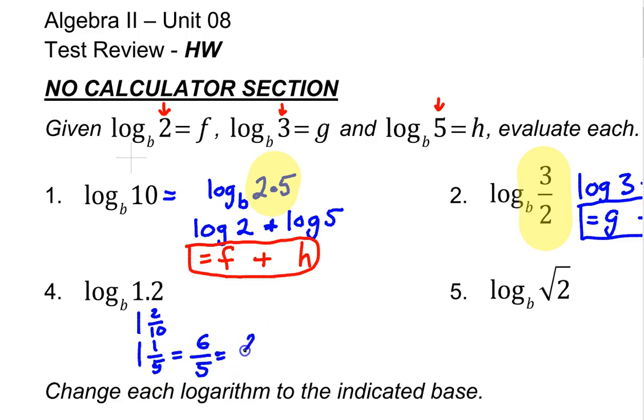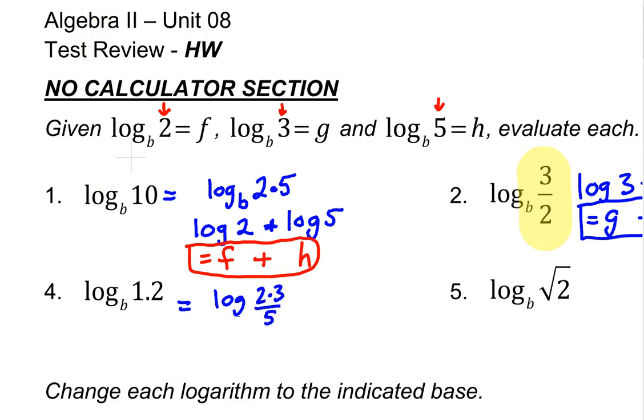Right, this is going to equal 2 times 3, and that'll be over 5. So we'll have the multiplying property on top with the division on the bottom. So this will equal, clear all this out, right, rewrite this over here. So this will equal log of 2 times 3 over 5.